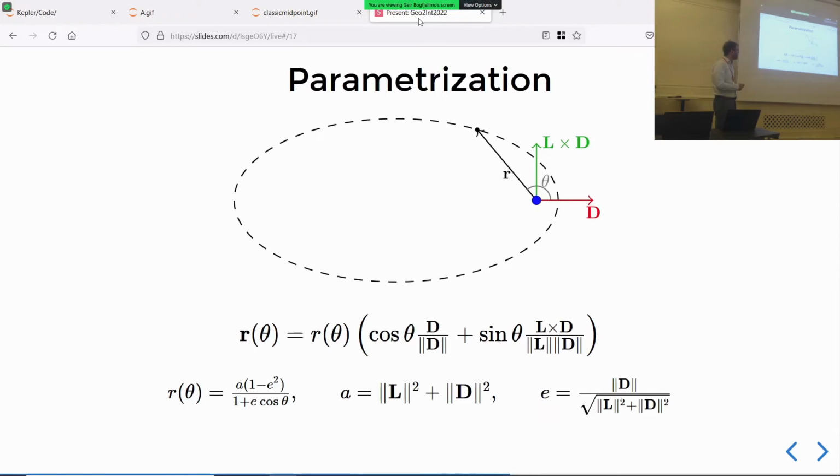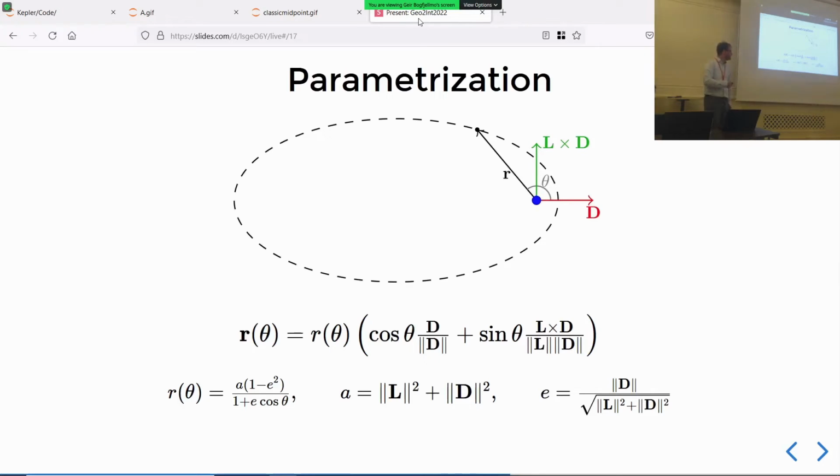I just used the D, the rescaled Laplace-Runge lens vector, so that's going to point in the direction of the periapse. And if I cross it with L, then I'm going to get something that's orthogonal to that. Then it's just some basic trigonometry, and we use Newton's solution to describe this ellipse.